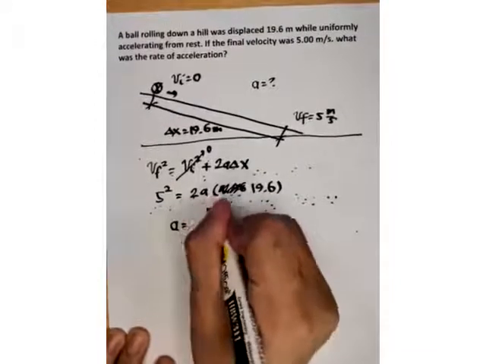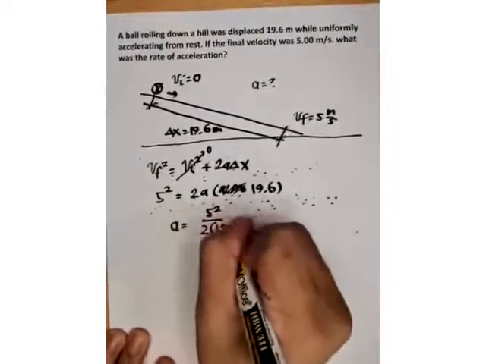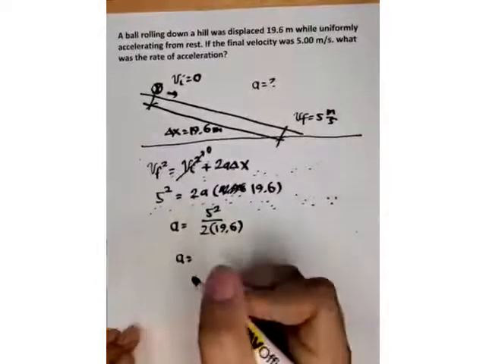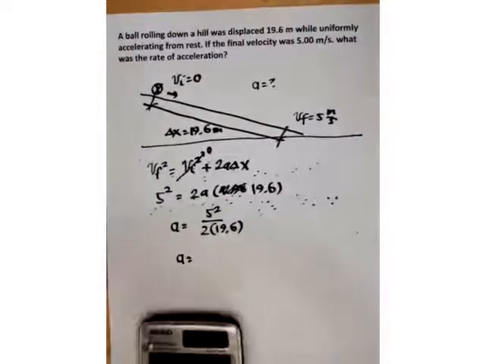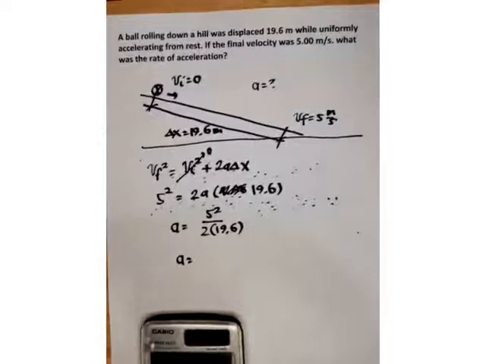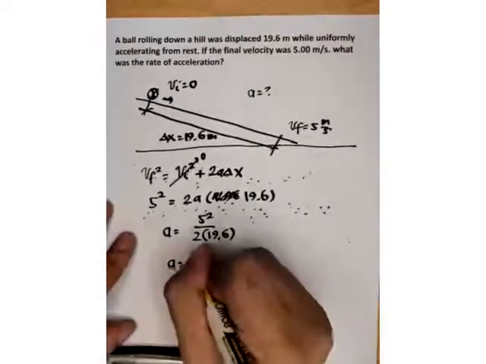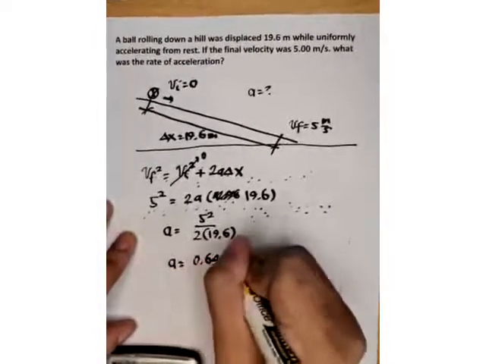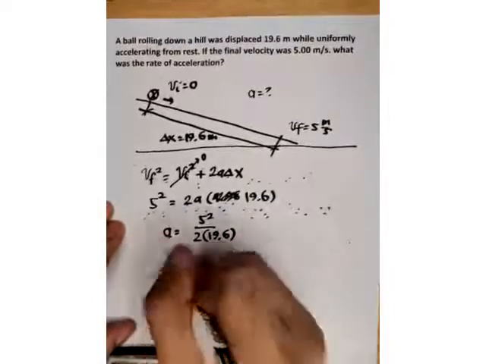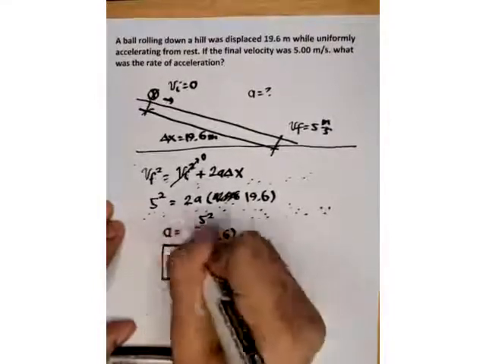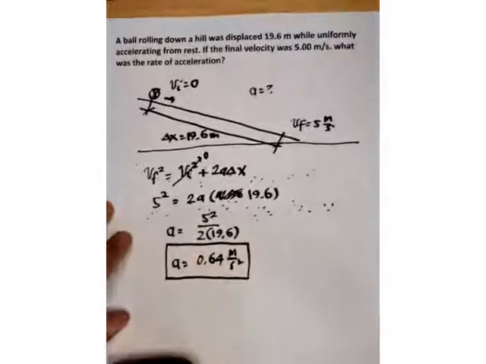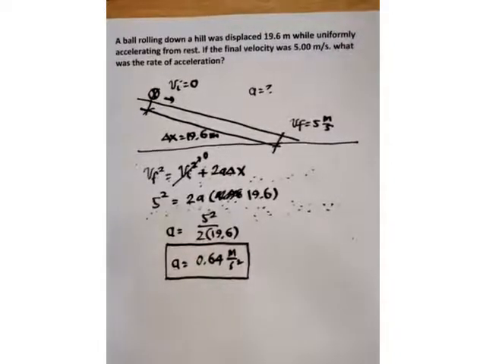So that's 5 squared over 2 times 19.6. So the acceleration is 0.64 meters per second squared. Okay?